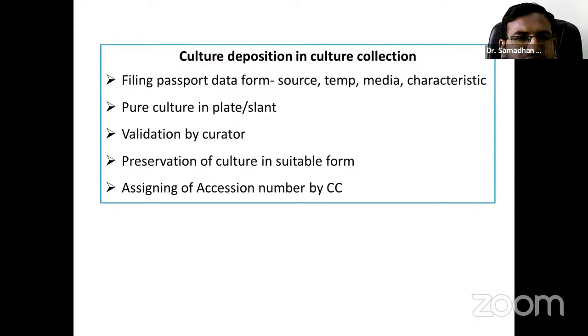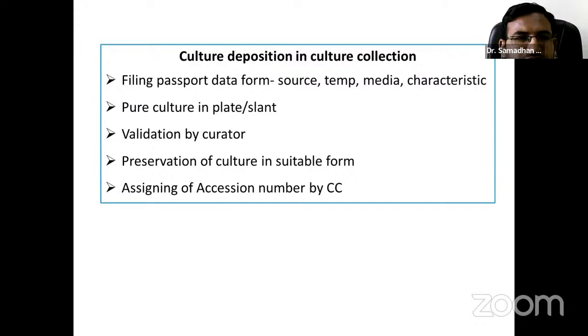Then the media in which you isolate or grow this culture, and the pH of the media. Then the characteristics, like the functional characteristic of this microbe and why you are depositing it, such as plant growth promoting, pathogenic, or any other important characteristic. Then you have to give the morphology and genetic information also. Until you fill the passport data form, your culture will not be submitted.